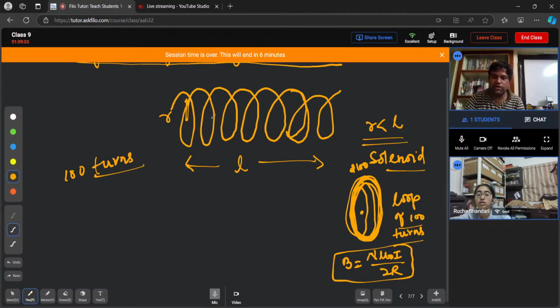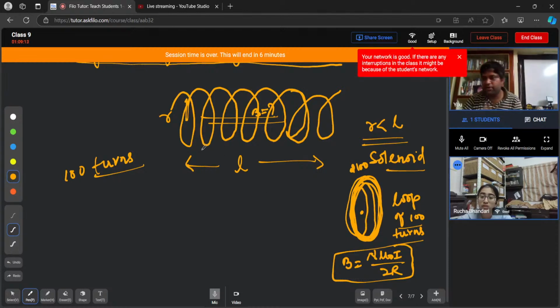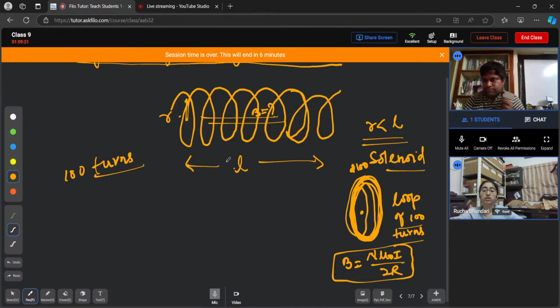Then we'll call it a solenoid and use the solenoid formula at its center. Whether you use the solenoid formula or loop formula depends on whether it is mentioned as a solenoid, or the radius and length are given and the radius is quite less than the length, and the turns are not overlapped but spread out. Then only we'll put it in the category of the solenoid.